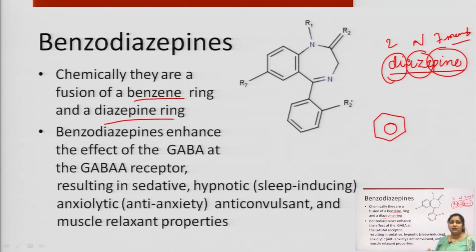So now the benzene ring is fused with a 7-membered ring that contains 2 nitrogen atoms. Here we can see this is the benzene ring and this is the diazepine ring.